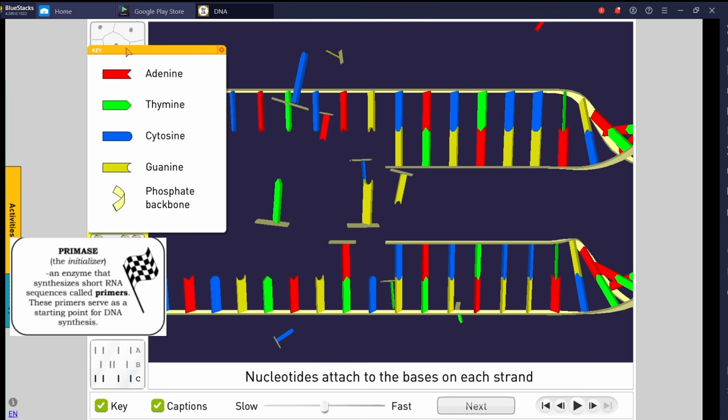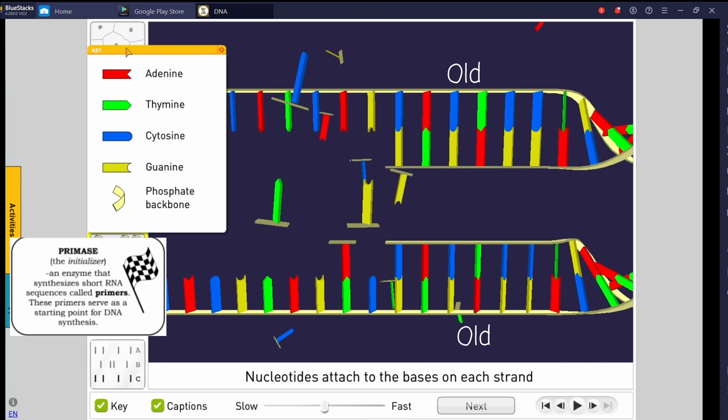Makikita natin na kumakabit yung mga nitrogenous bases doon sa strands ng old DNA. So, makikita natin yung old DNA, itong nasa baba at saka itong nasa taas.